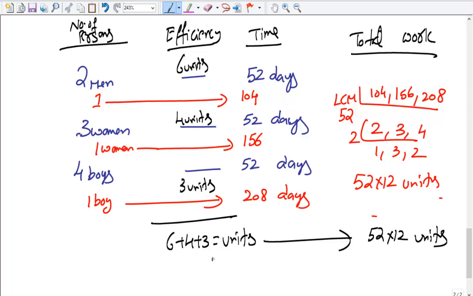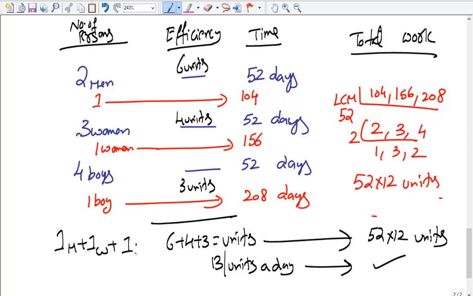That's very easy. They'll take 48 days to finish. So 1 man plus 1 woman plus 1 boy finish the work in 48 days. This is how you can compare quite easily.